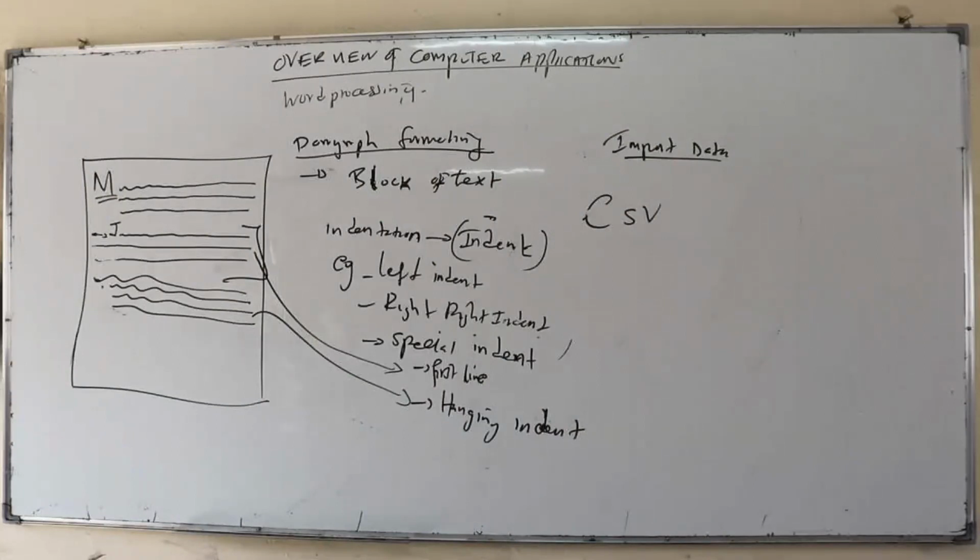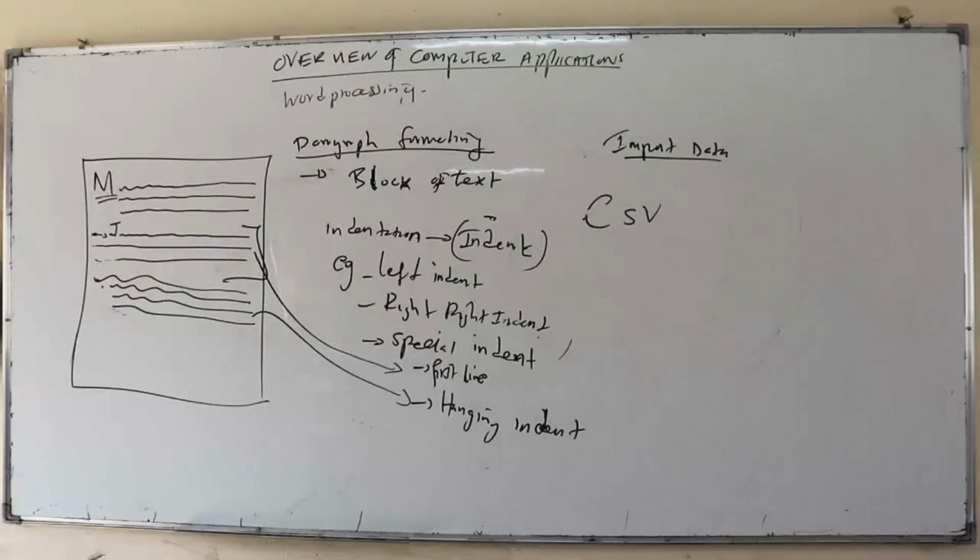So you can import data from Excel to Word or from Access to Word. But you cannot do this one here. You can only import data if you are importing.